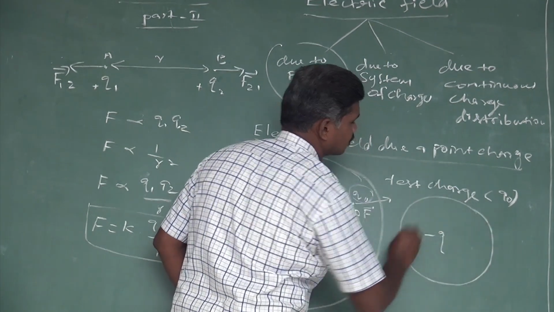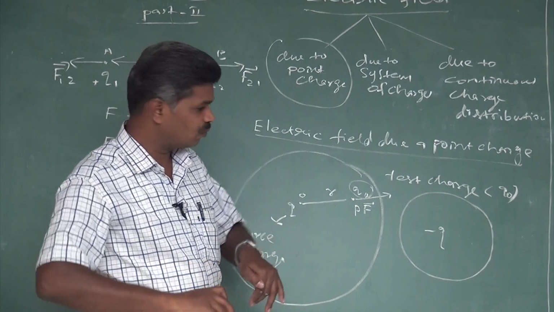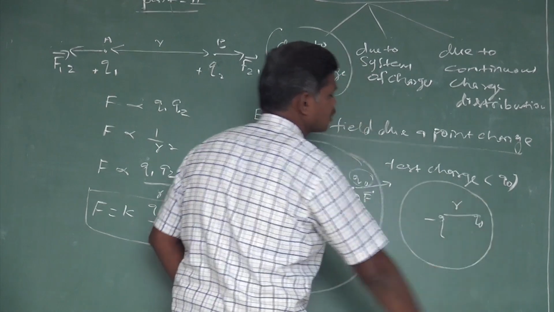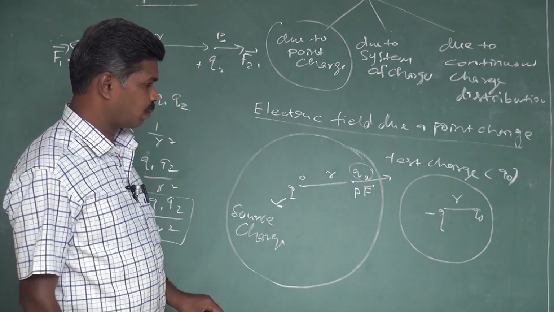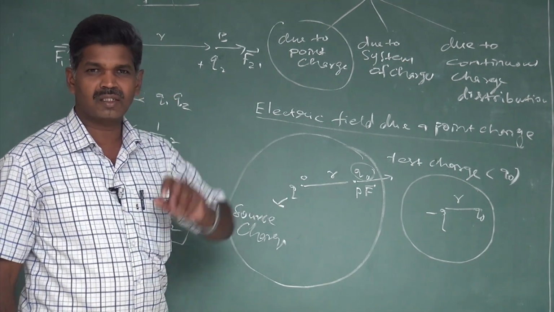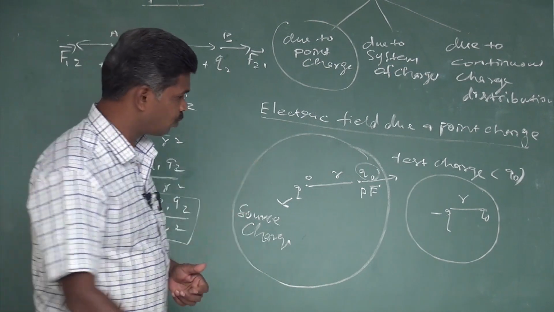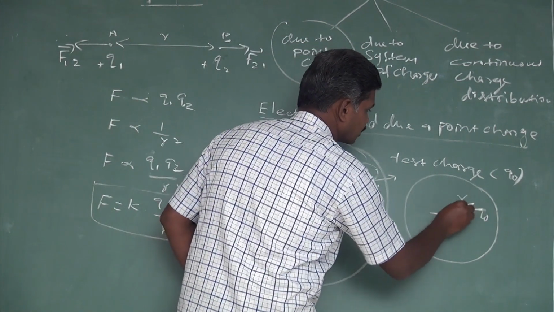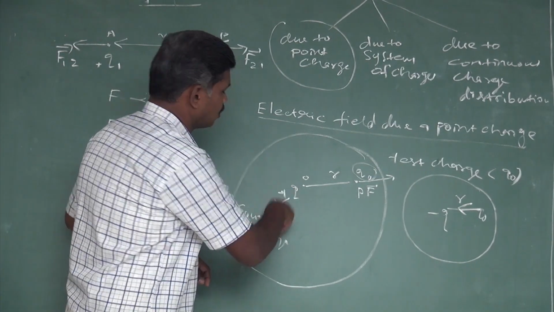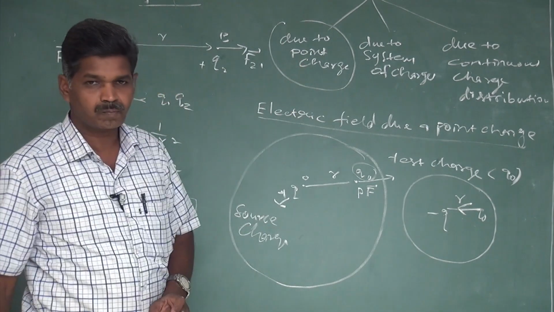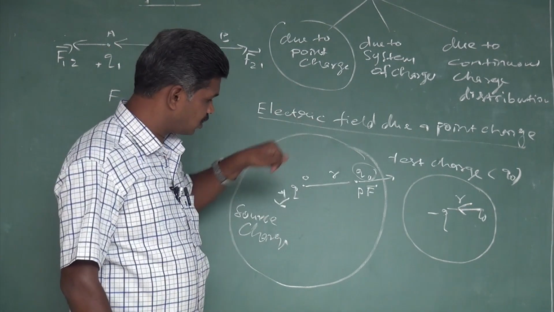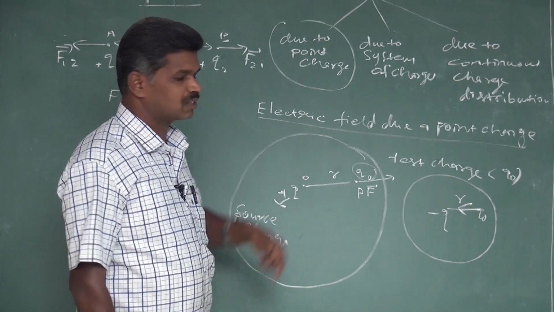Around that minus q charge we have a field, and if you take a test charge Q naught and place it at a certain distance r, the two are unlike charges. Unlike charges make an attractive force, so the force is acting in this direction. That's why for a positive charge the field acts away from our charge, and for a negative charge the field acts towards it. Based on the force alone, we say the field direction.